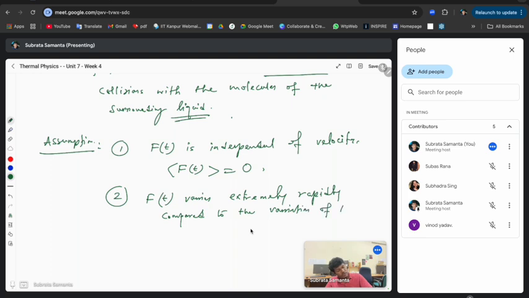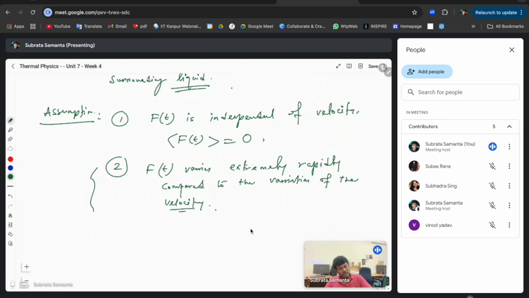So let us say we consider a time interval tau.